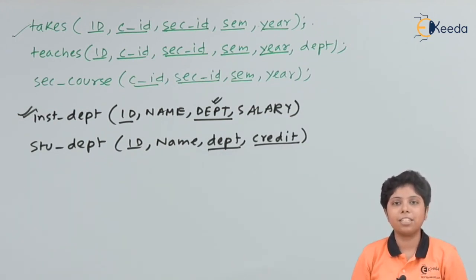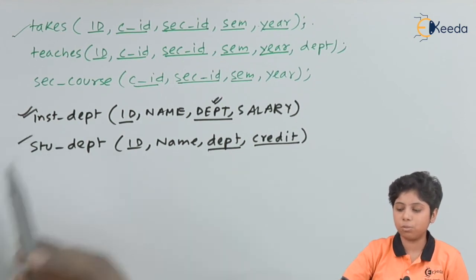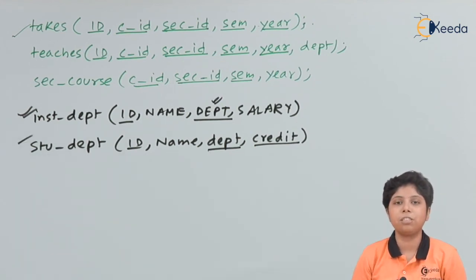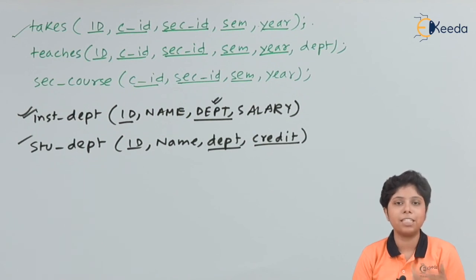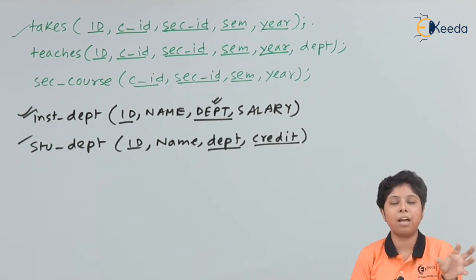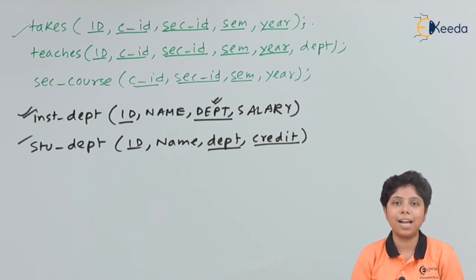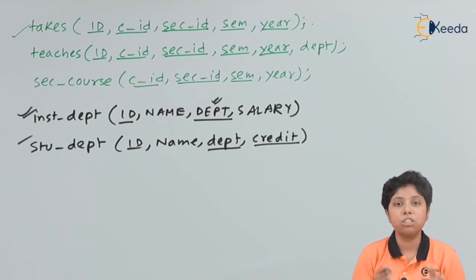These are the values that are missing from this student-department relation, which we achieved by combining student and department and using referential integrity. So we need to keep in mind that we cannot have information like this. We need to make a precise one with the constraint that only a department can have a particular credit. So there is a functional dependency, department name to credit, within the student-department relation to make it a valid one.